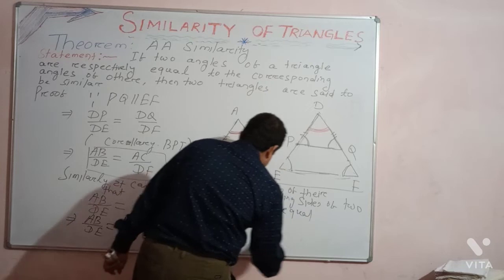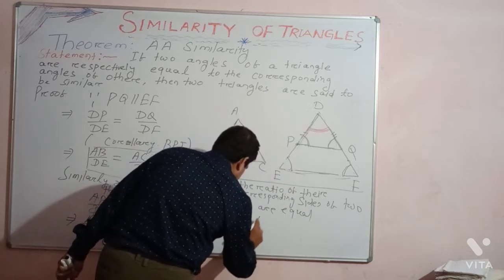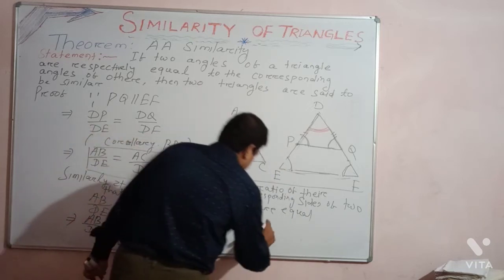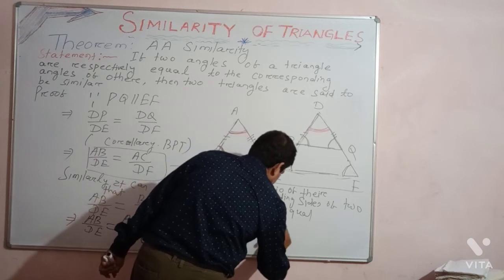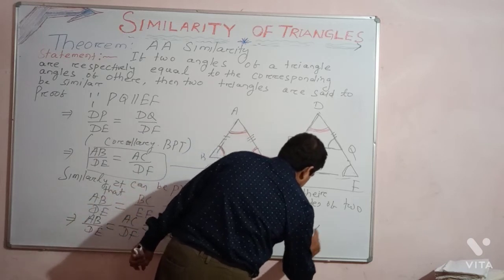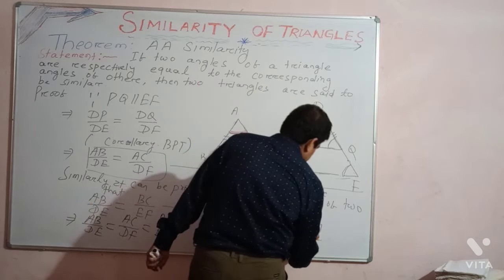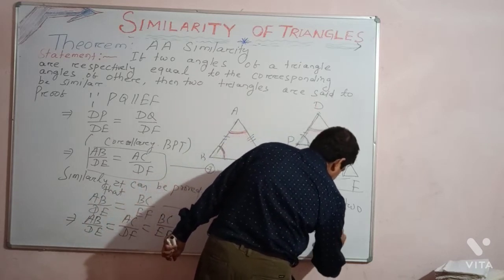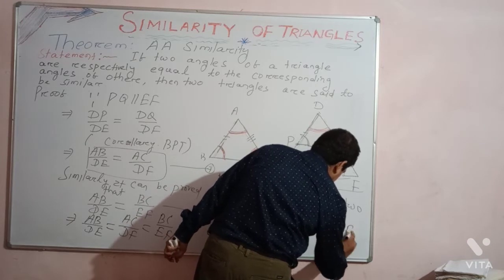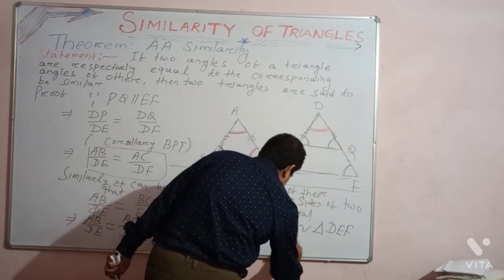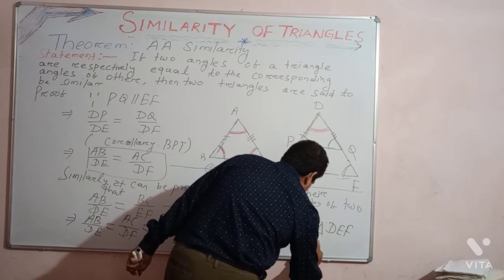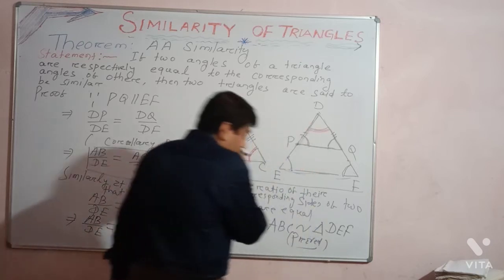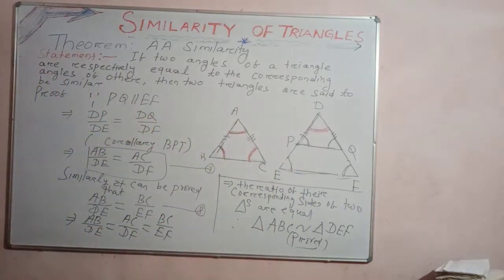Hence, we can prove clearly that triangle ABC is similar to triangle DEF. This is how the required statement of the theorem is proved.